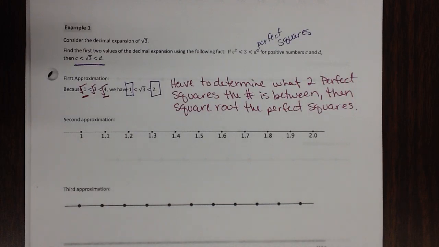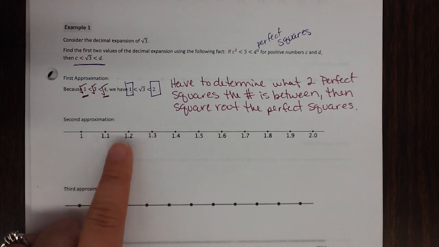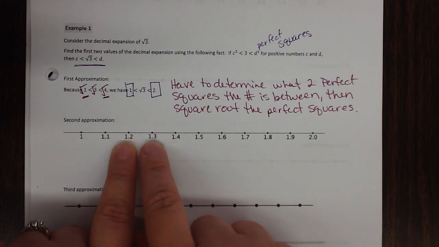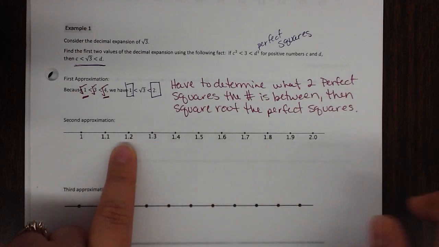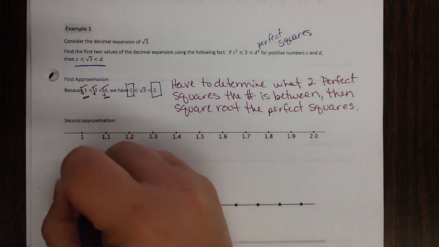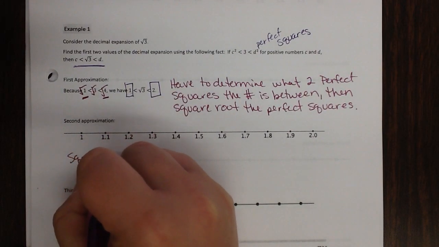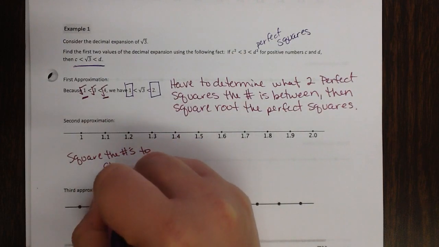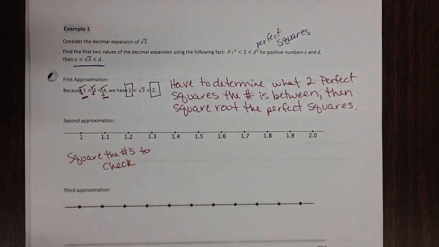Is it between 1.2 and 1.3? We're going to square them to check.